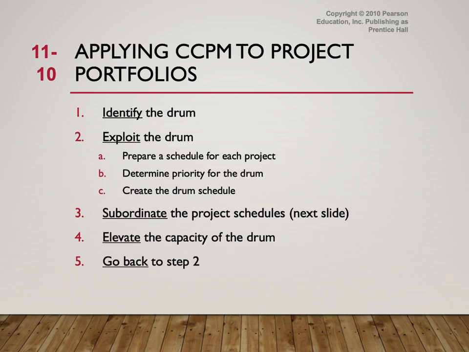So how to apply that? You need to identify, exploit the drum, subordinate, and evaluate the capacity. This is technically saying that if you have completed a project to be passed on to the other group, and you notice that they haven't completed their own, for example, in a car assembly line, they finish fixing up the engine and want to move it to assembling the body of the car.